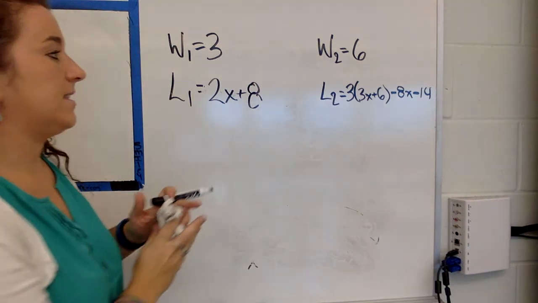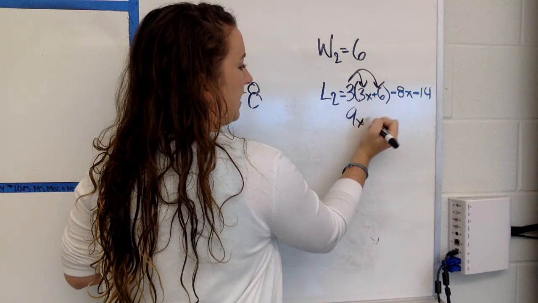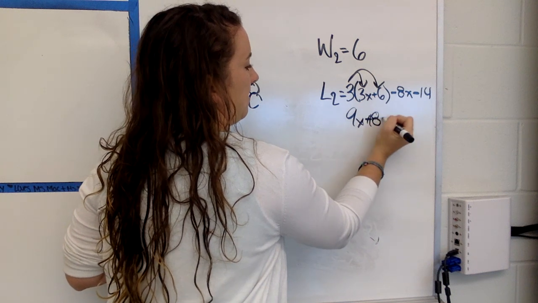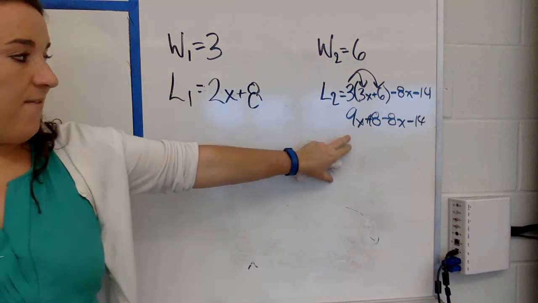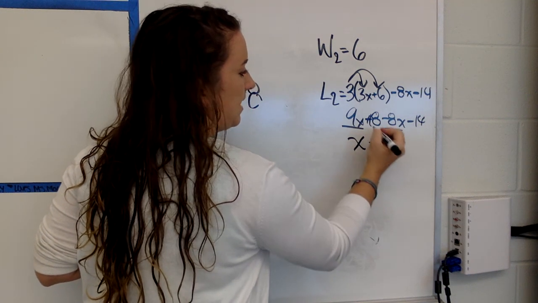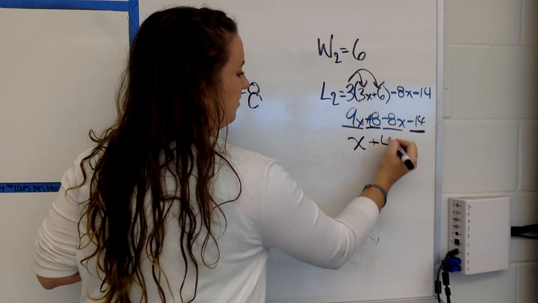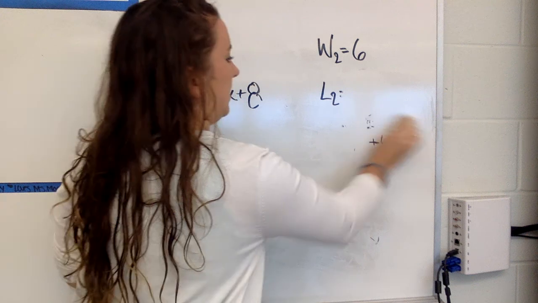Okay, now if we look at the second one, I can do the same thing. If I distribute, it'll be 9x plus 18 minus 8x minus 14. If I simplify that, I'll have 9x minus 8x, which is just x, plus 18 minus 14, which is 4. So the length of the second one is just x plus 4.